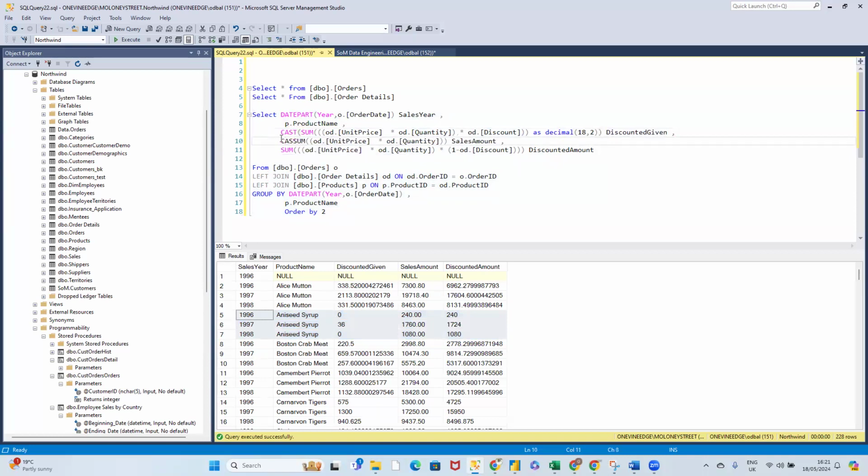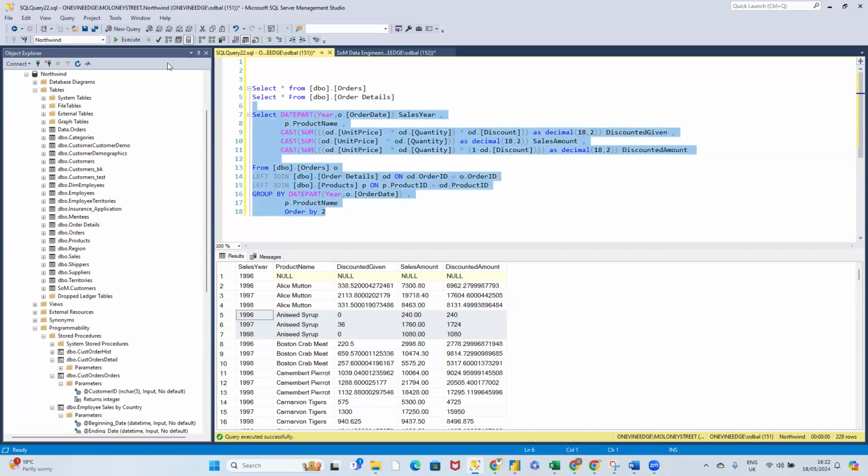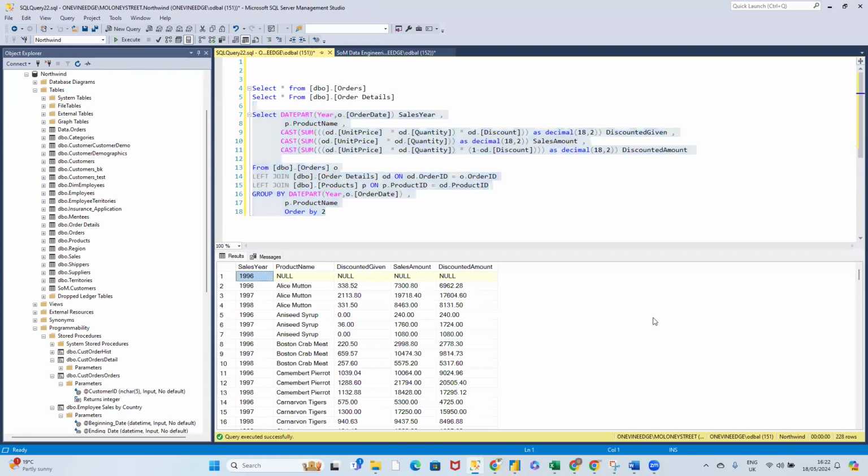And then cast as decimal 18, 2, and then cast. Okay, so it should look much better now. Okay, and you can see that.